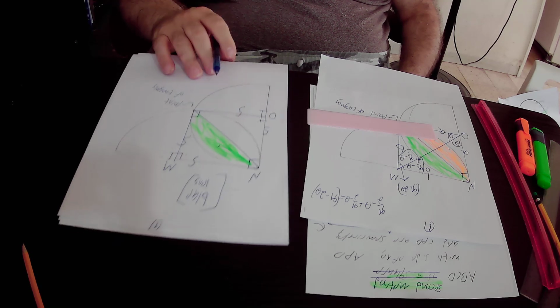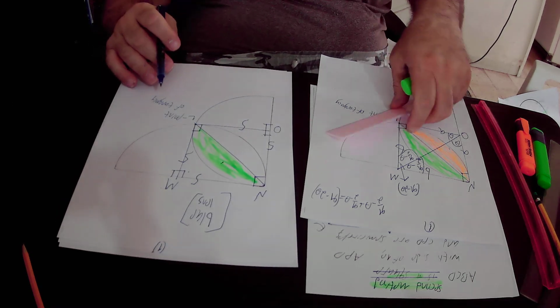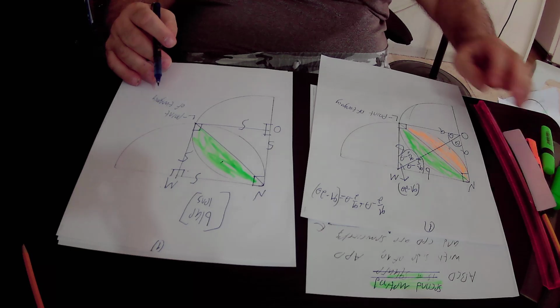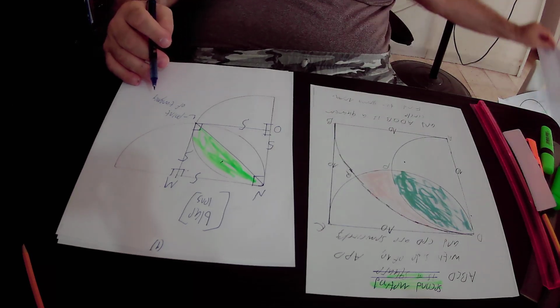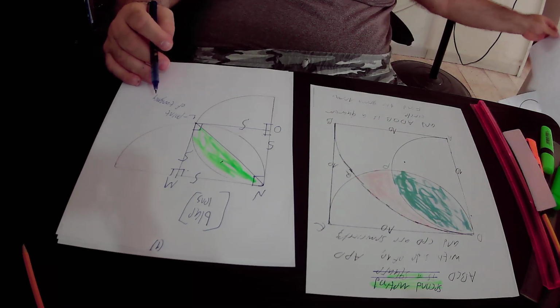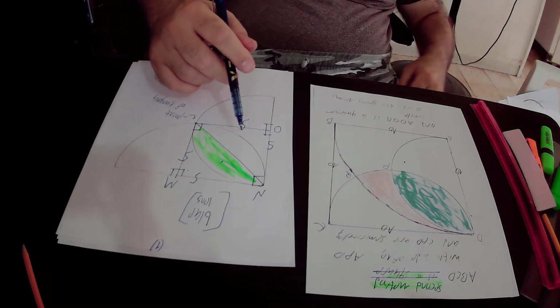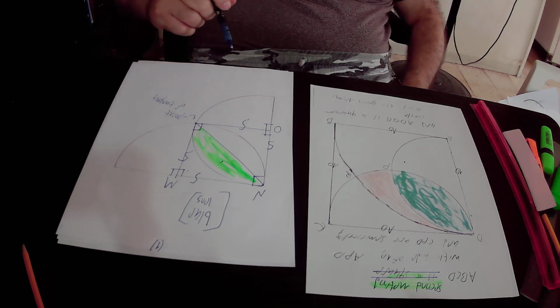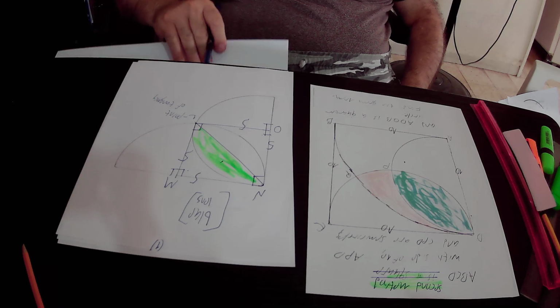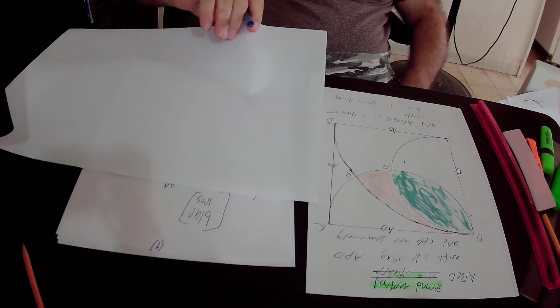Okay, so what is the area of circular segment NL?